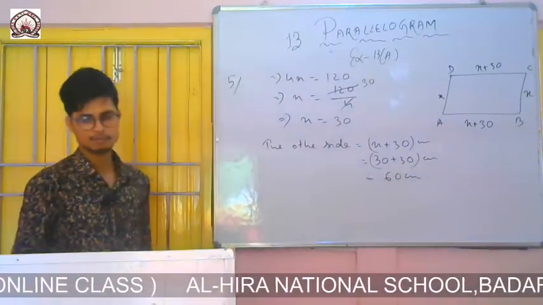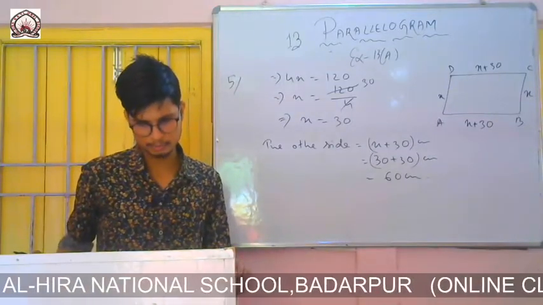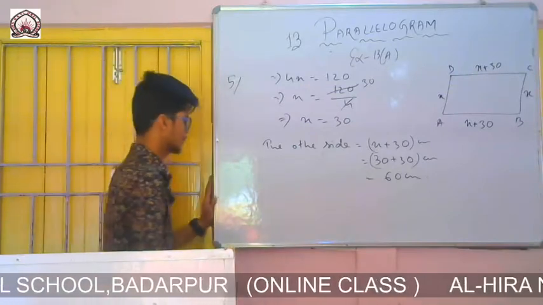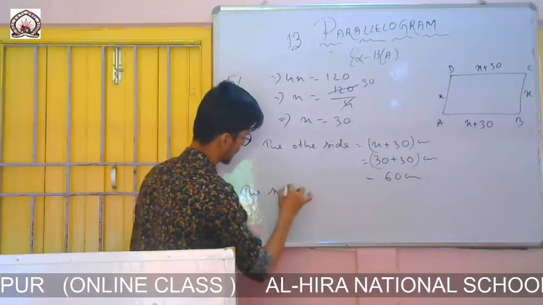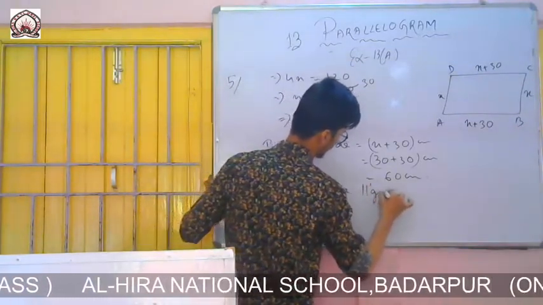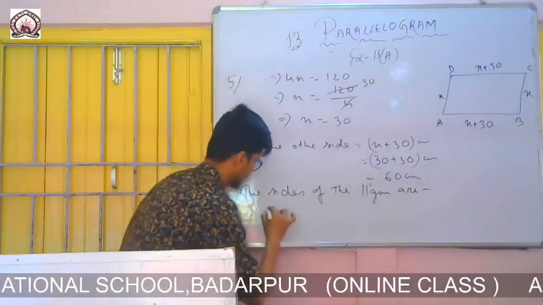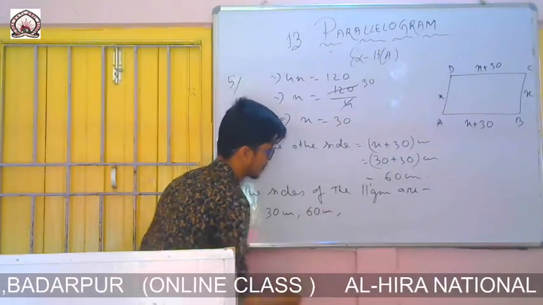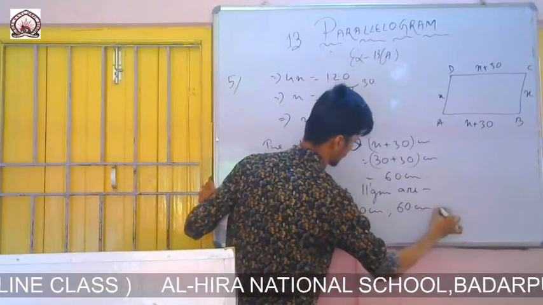So the question is to find the length of the sides of the parallelogram. That means all the sides. So we have to write, therefore the sides of the parallelogram are, starting from one, 30 centimeter, 60 centimeter, 30 centimeter, 60 centimeter.